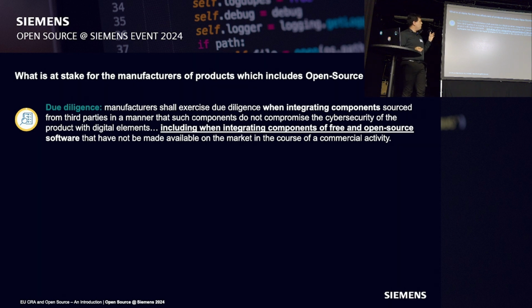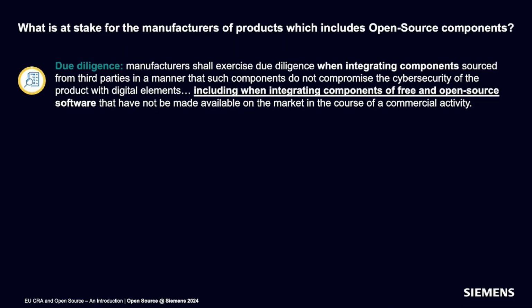Let's say that you, as an open source foundation or open source working group, don't make money from it. You don't commercialize. But then of course at some point the product is taken and placed by a manufacturer into a final product, and the manufacturer wants to make money, so they want to sell it. They have an obligation to do due diligence.